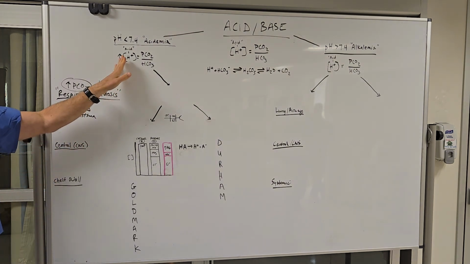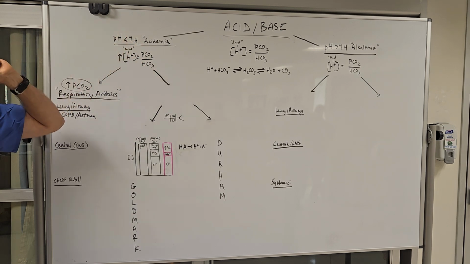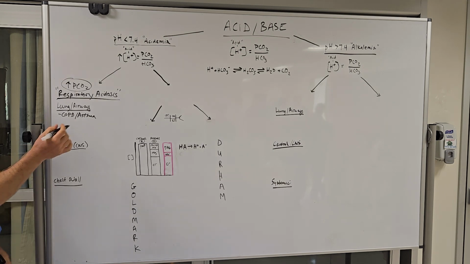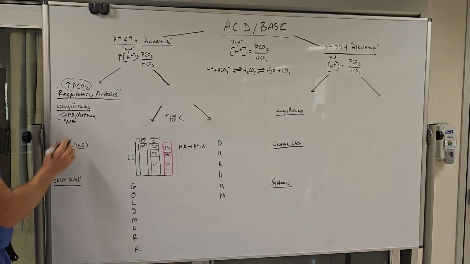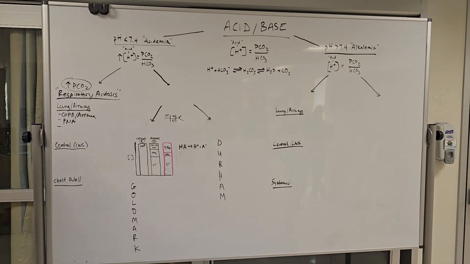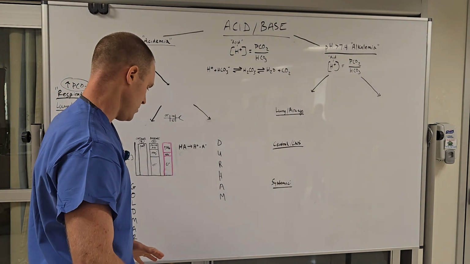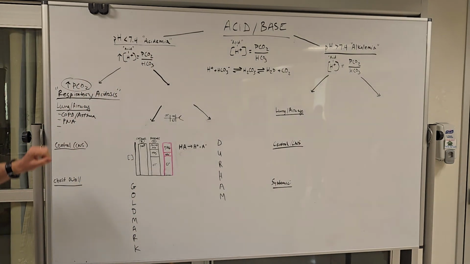Because we know, in this formula, if our PCO2 goes up, that's going to drive our acid up. So COPD, asthma, and you've got a big bump in pneumonia.